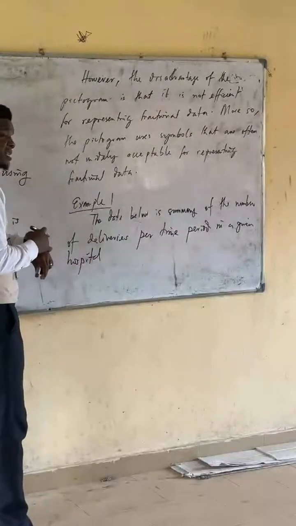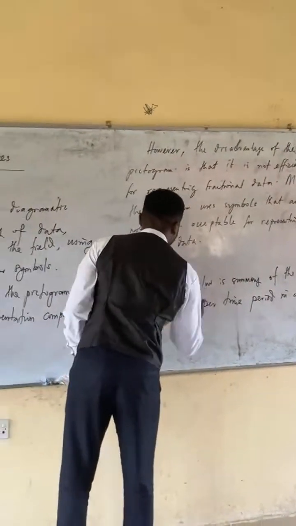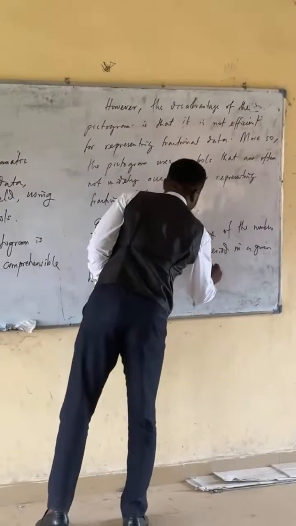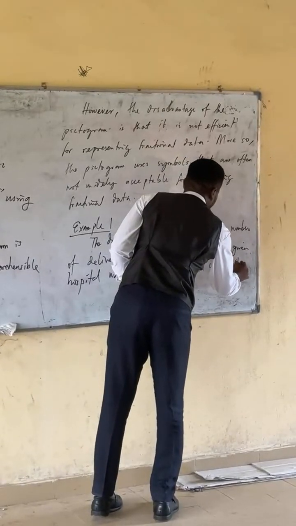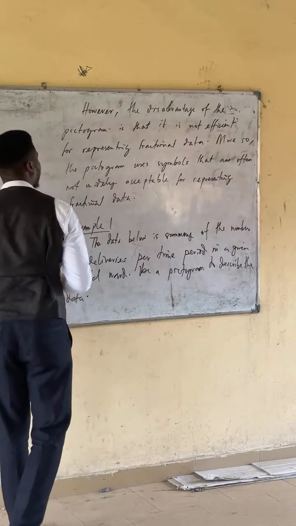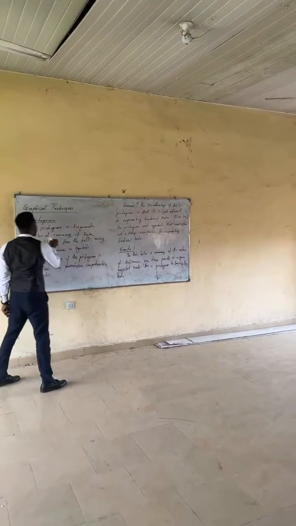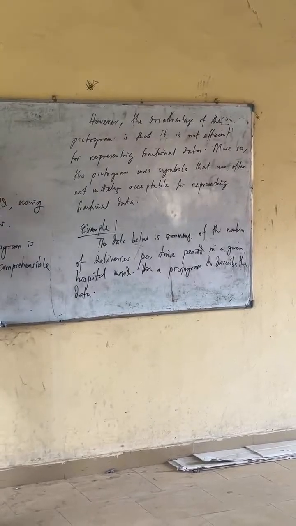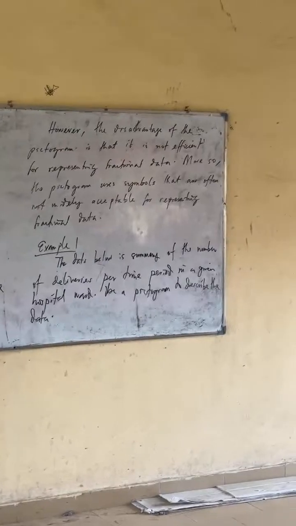Please, in the next 10 minutes, I'll be done. Hospital ward. Use a pictogram to describe the data. Okay? Now, please, can I wipe this off? Use a pictogram to describe the data.